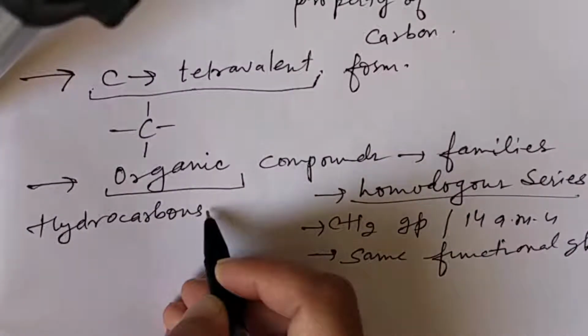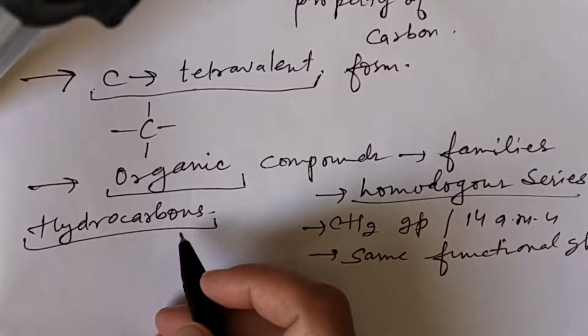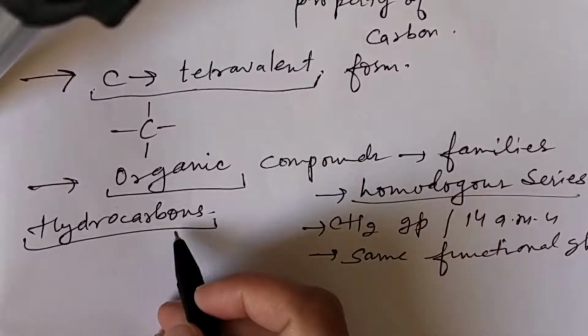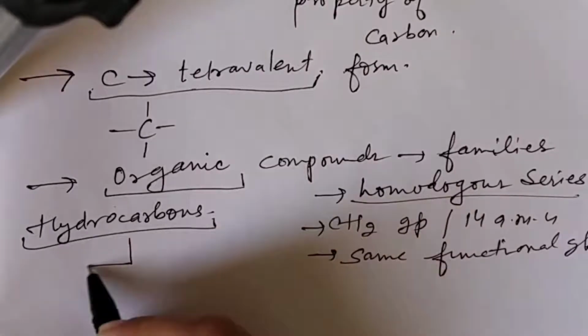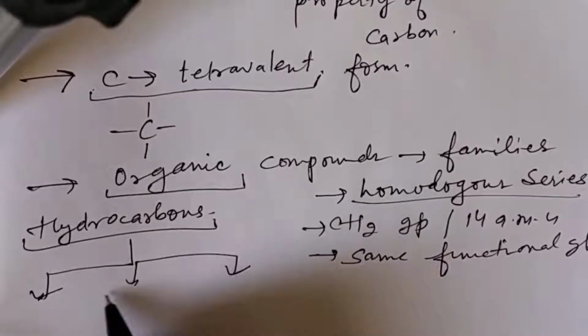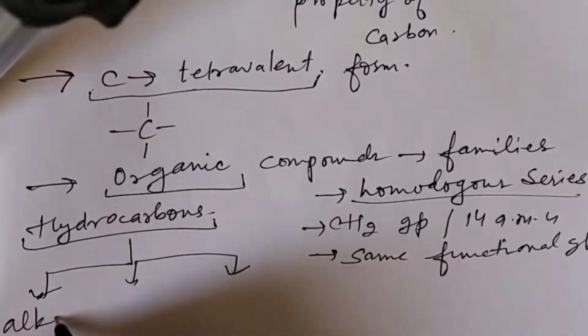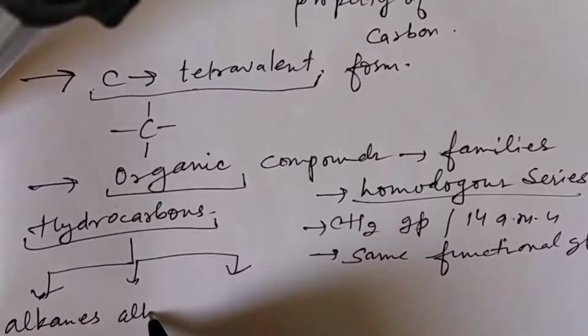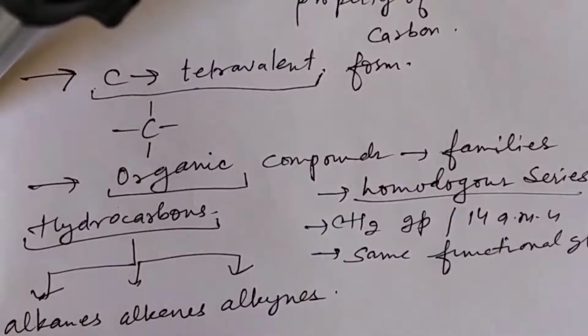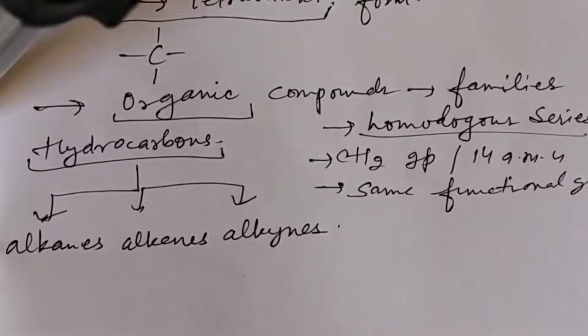Hydrocarbons are the organic compounds which contain hydrogen and carbon, and hydrocarbons can be divided into three forms: alkanes, alkenes, and alkynes. What will be the general formula for alkanes?